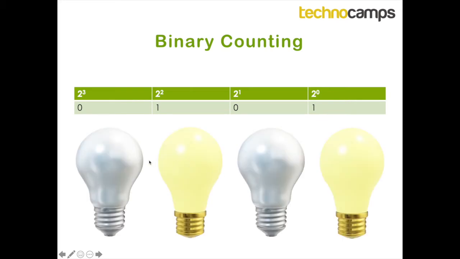And if I display it in light bulbs, off, on, off, on, have a think what this value is, or what it is in decimals. So this is what the value is in binary, but in decimals it is, so I'll pause here for a few seconds for you to work it out.